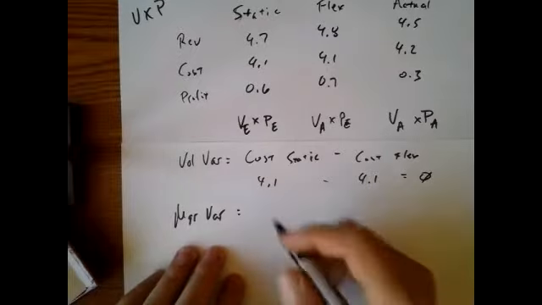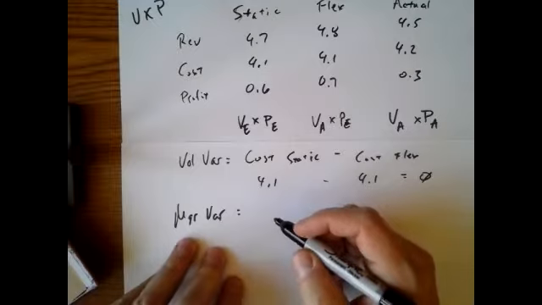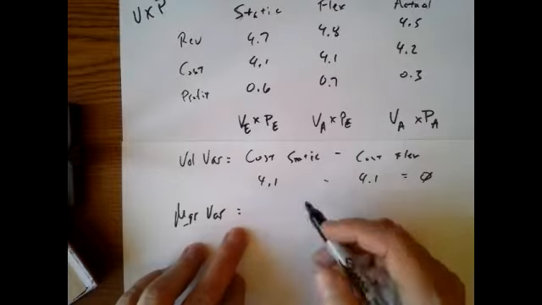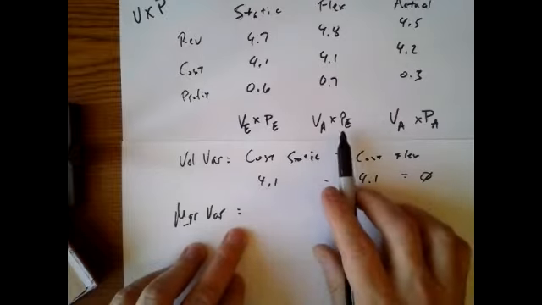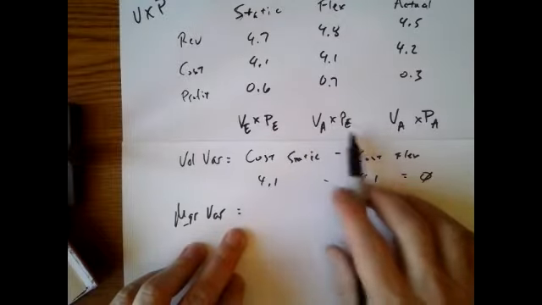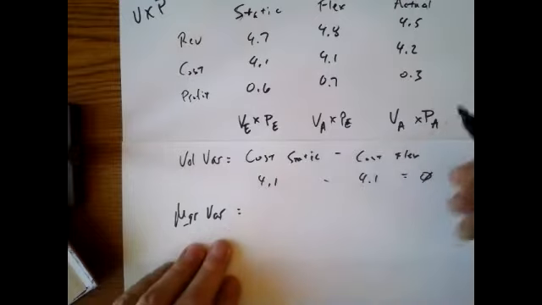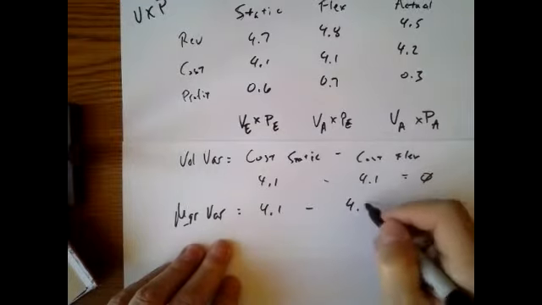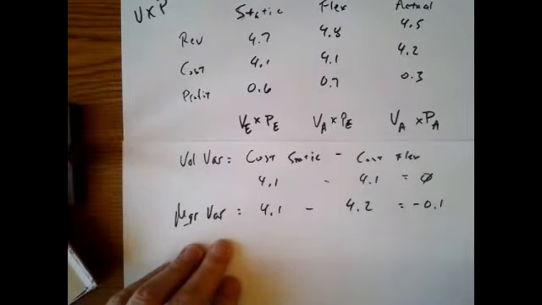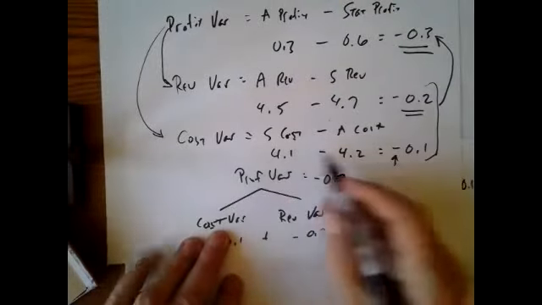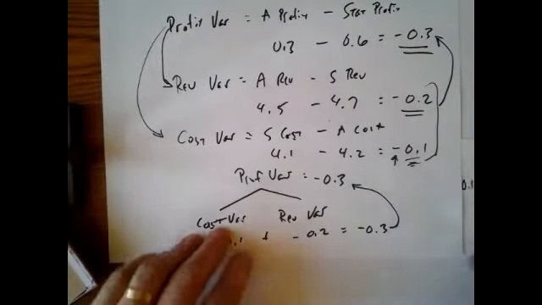So instead of calling this price variance with respect to cost, we call it managerial variance to emphasize the manager's role. So where does price vary? It varies between flex and actual, because static and flex use the same price, but flex and actual use the expected and the actual. So we go 4.1 minus 4.2, which gives us negative 0.1. Add those together, we get negative 0.1. And verifying here, our cost variance was negative 0.1, so we're good.